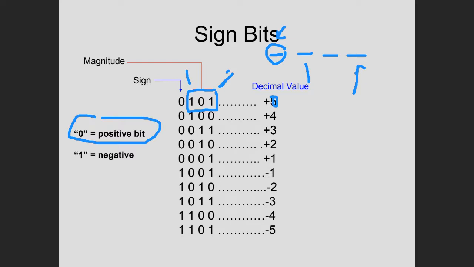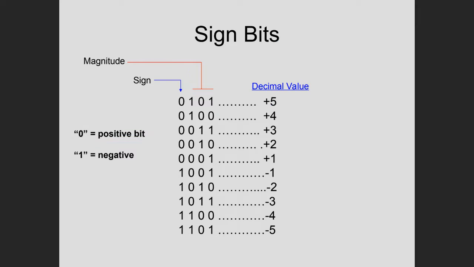But to get the plus 5, the leading bit is a 0, so I know this is a positive 5. Down here, look at this one. Same thing, I got a binary 5 right here, but since my sign bit is a 1, I know that will be interpreted as a negative 5. So one way to represent a negative number in a digital device is to use a sign bit.